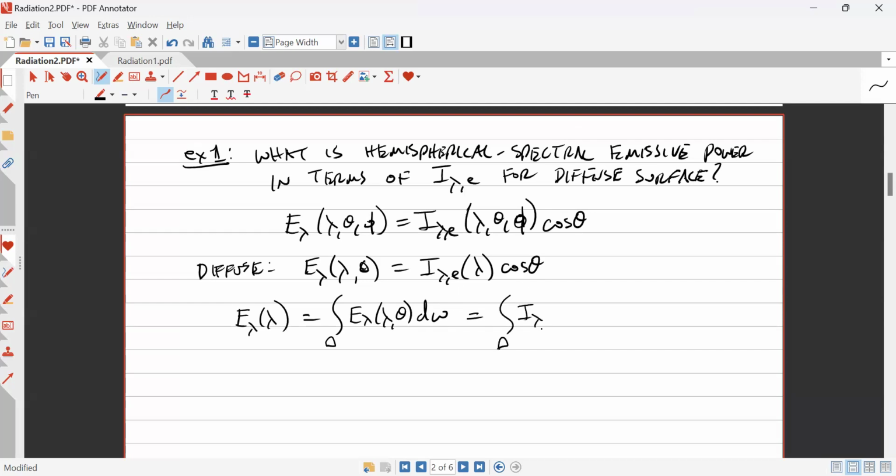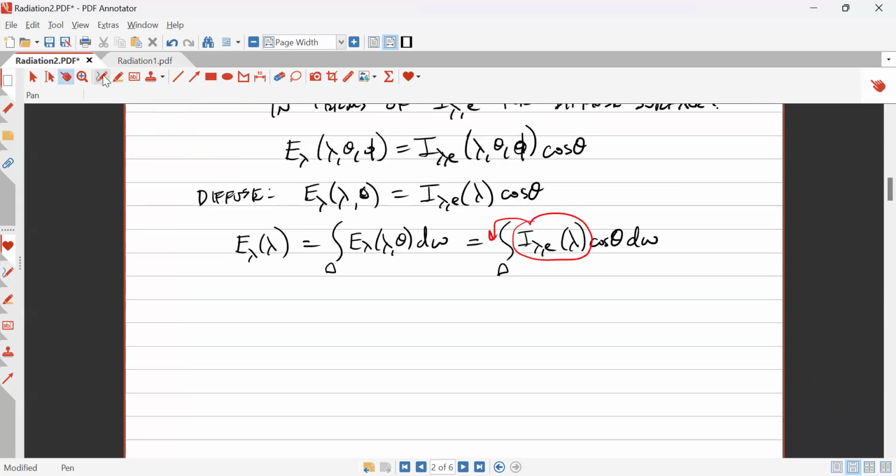So it'll be I sub lambda,e of lambda, cosine theta, d omega. We know that I sub lambda,e is independent of direction, so we can bring this out to the front. So this will be I sub lambda,e of lambda, and we're going to integrate over cosine theta d omega.